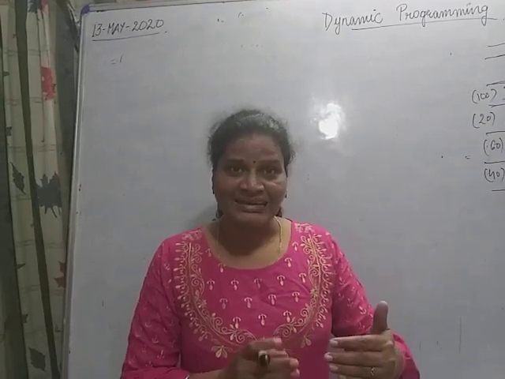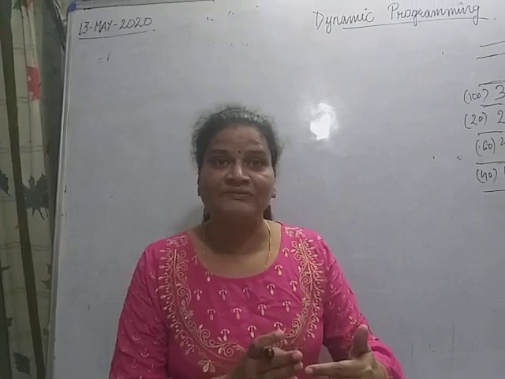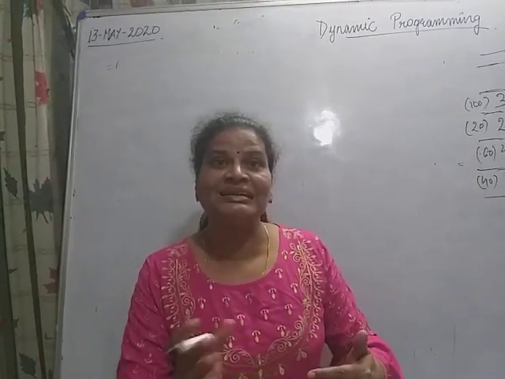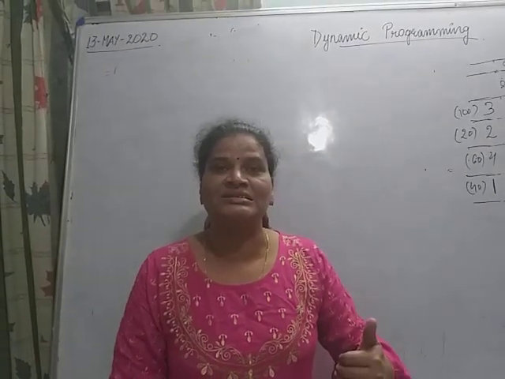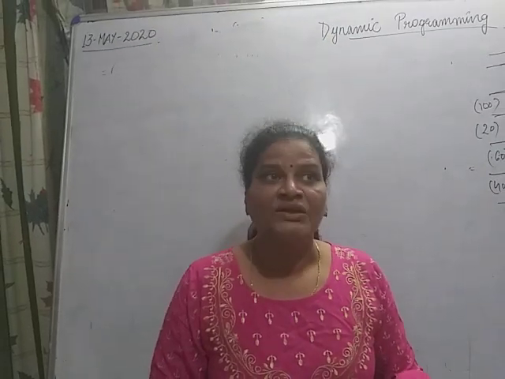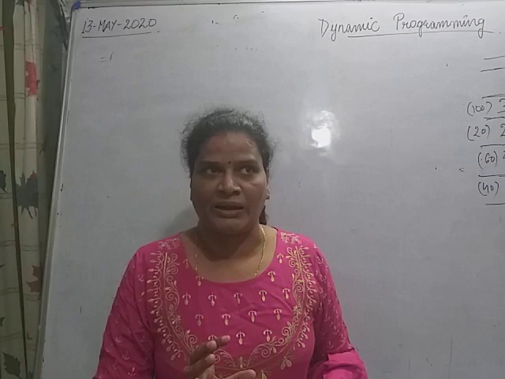So at each step, after taking one decision, we check the remaining decisions. If the remaining decisions lead to the optimal solution, then the first decision is valid, otherwise we consider the other solution.